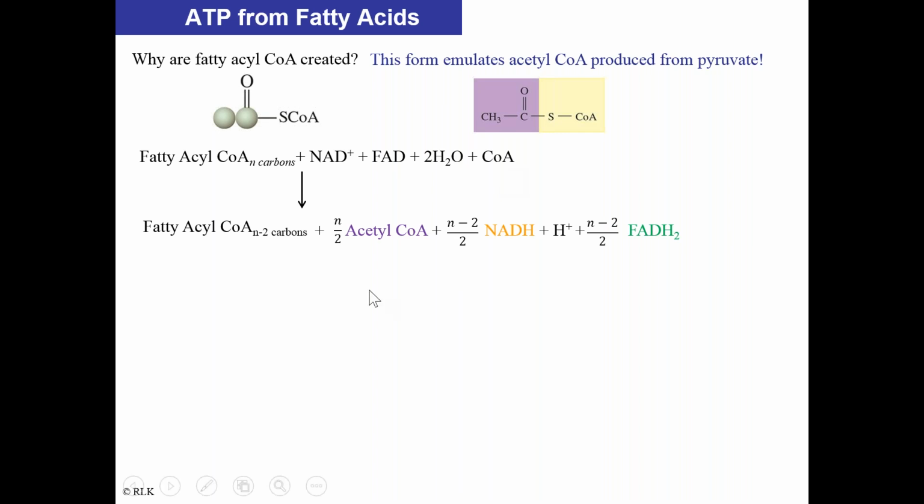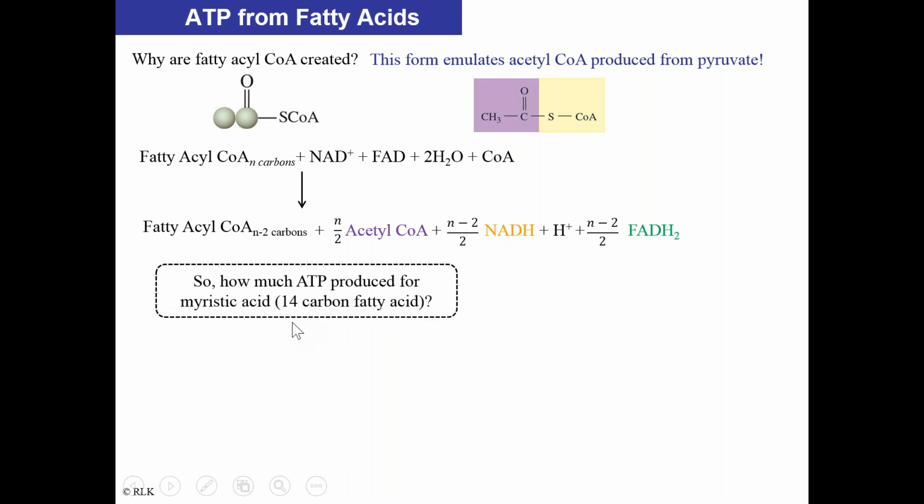When you're trying to determine how much ATP is generated from a fatty acid molecule, you can use this kind of molecular formula here.